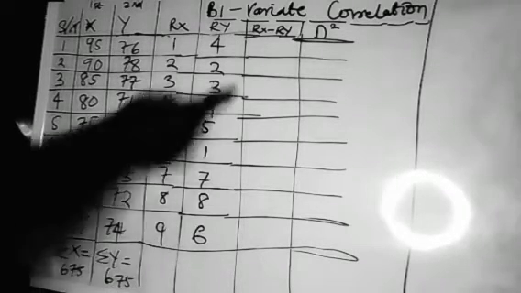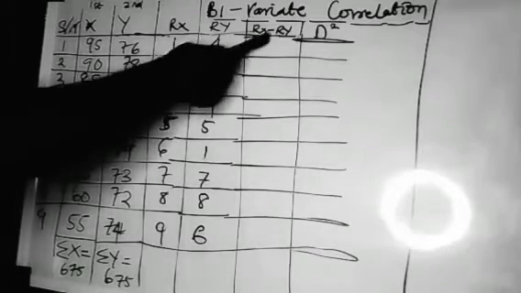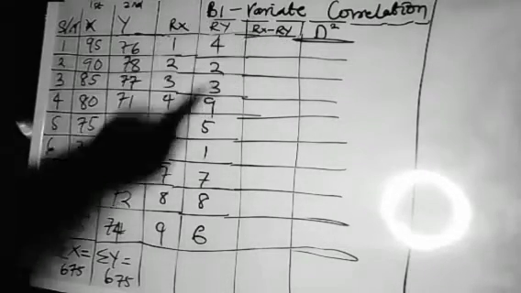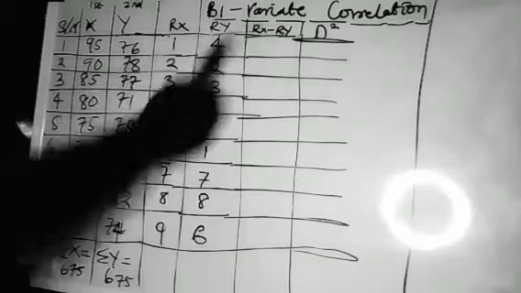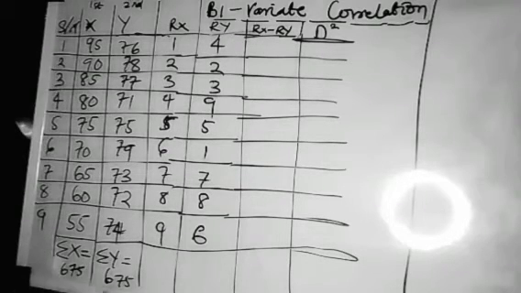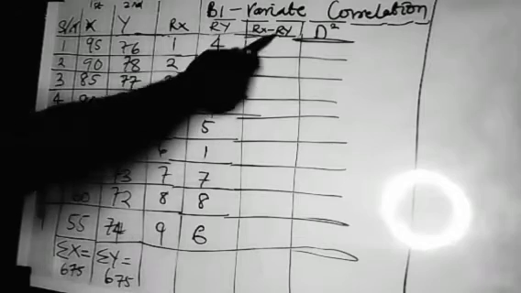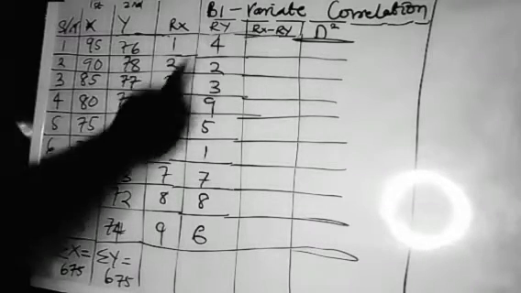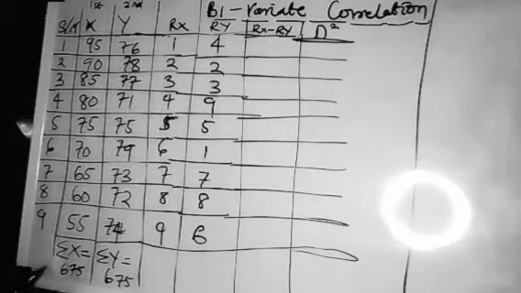Now we get to the next column, which is Rx minus Ry, which is D, we call it the difference. The lecturer told us that we subtract Ry from Rx, and it will give you this. Follow it consistently.